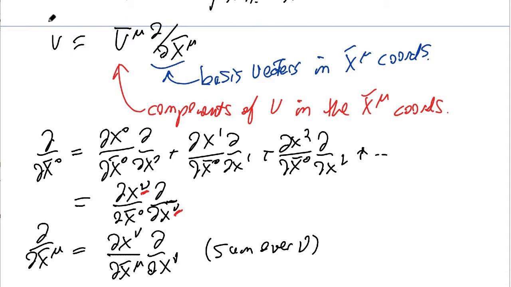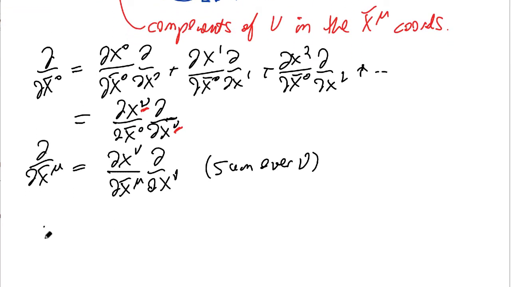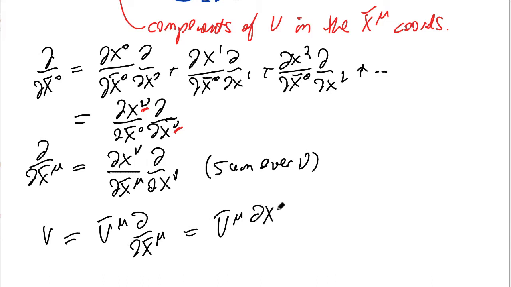So if we look at v expanded in terms of the barred basis, we can write it now as v bar mu, what we had before was d by dx bar mu. We can now write this as partial x^nu with respect to x bar mu, d by dx^nu.